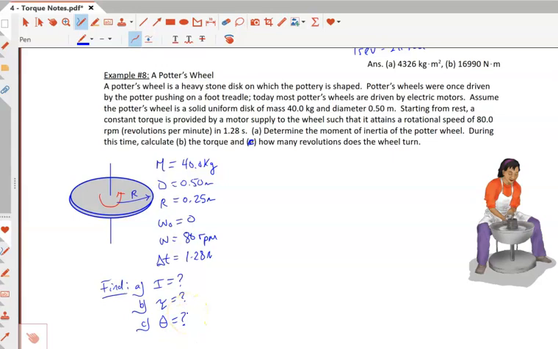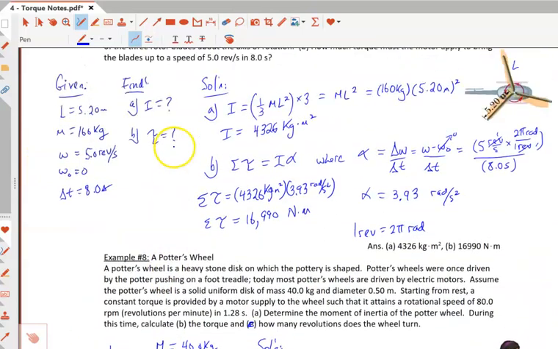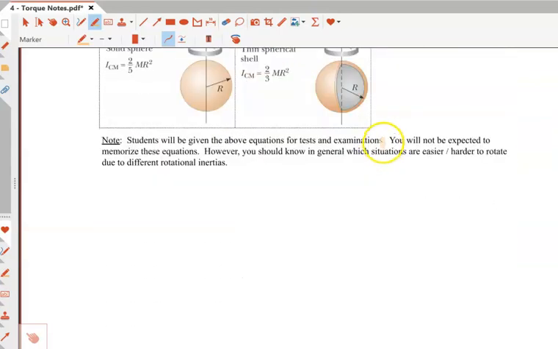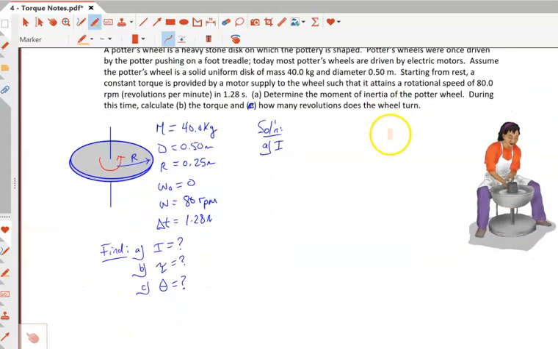First, we need to find the rotational inertia of the system, which is simply a disk. If you go back earlier in your notes, when we talked about disks, we're looking for something like that. That's a solid cylinder or disk, so the formula is 1/2 mr squared. That's what we'll use.